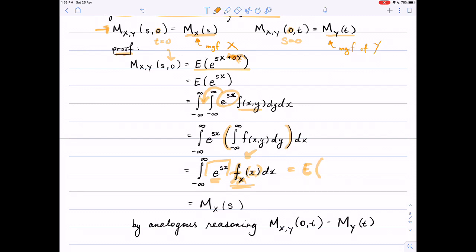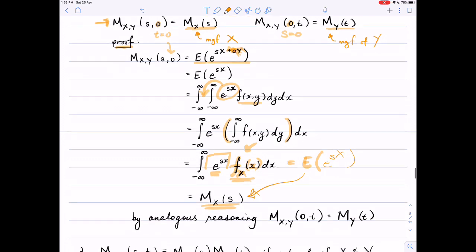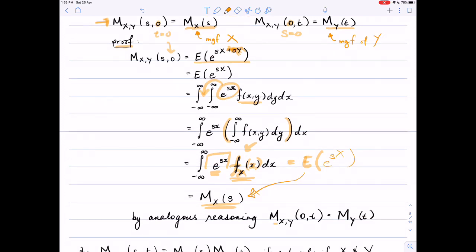The expected value of e to the sx considered only with respect to x, and that is the definition of the single variable moment generating function. So by absolutely analogous reasoning, if you plug in s is equal to 0, you will get the marginal moment generating function for y.